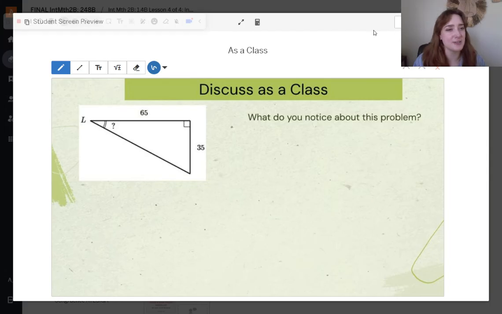All right, we're going to jump in for our notes. Again, this is a recording, so it's a little difficult to have a discussion, but I wanted you to look over this problem. What do you notice about this problem? Maybe what's different about this problem versus the last one. So again, I encourage you to pause the video, look this over. What's going on in this problem? What do you notice?